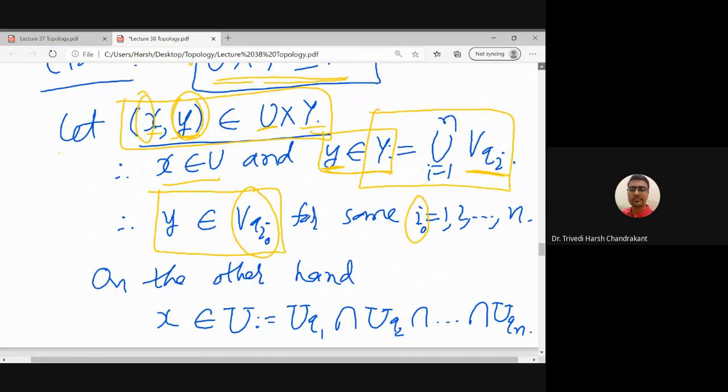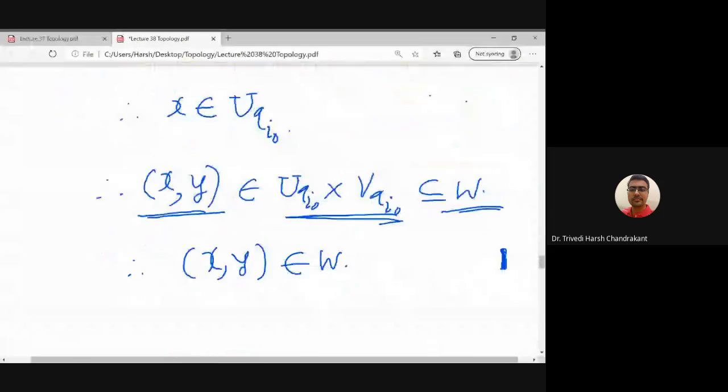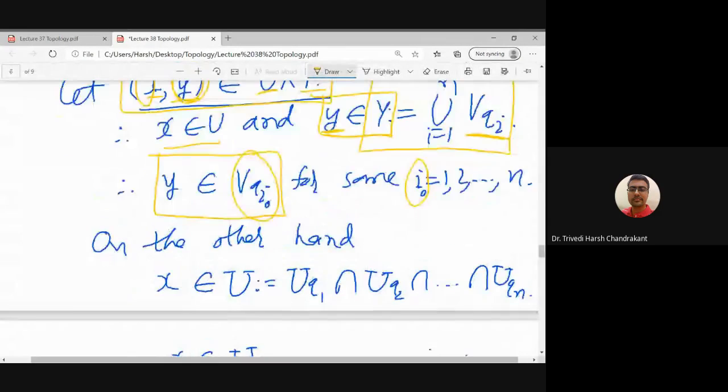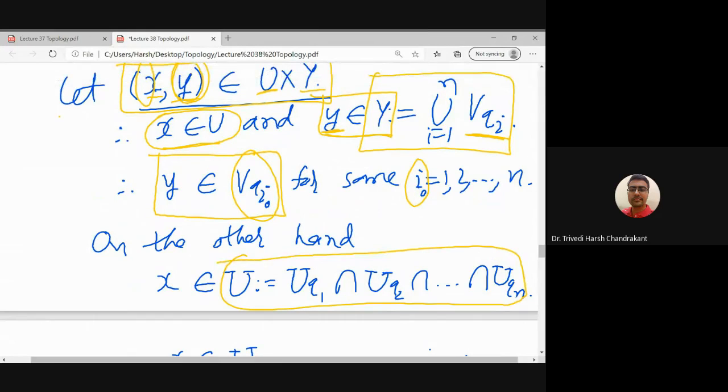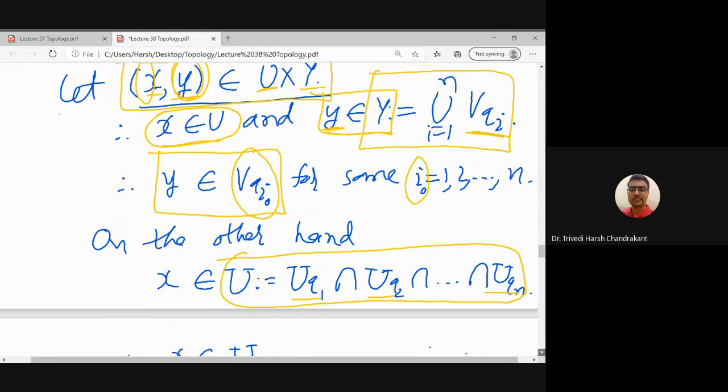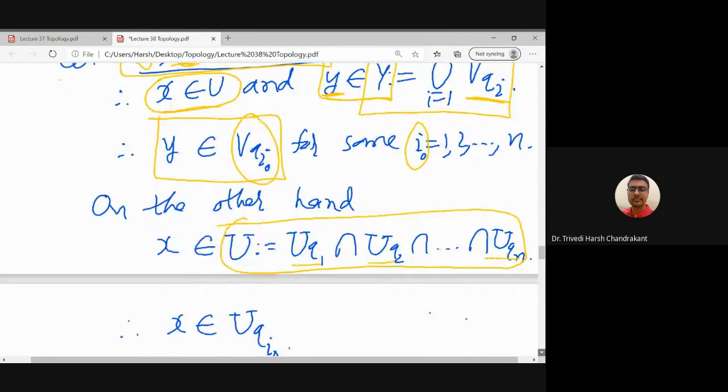What about x? We know that x is an element of U, and U is the intersection of UQ1, UQ2, UQn. So therefore x belongs to each of these sets because it is in the intersection. So x belongs to UQ1, UQ2, UQn, and Q_i0 is one of these Qi's, right? Because i naught is either 1, 2 or n.